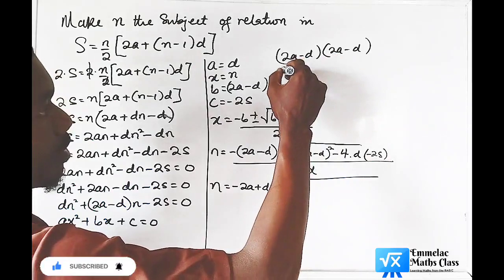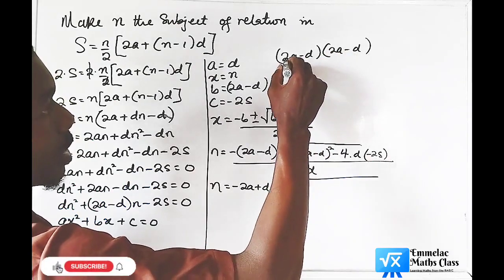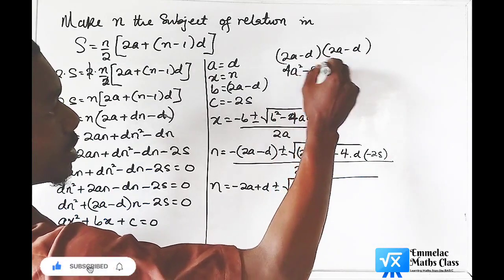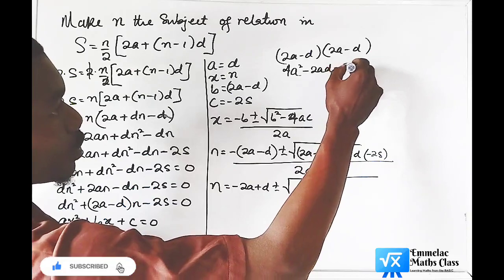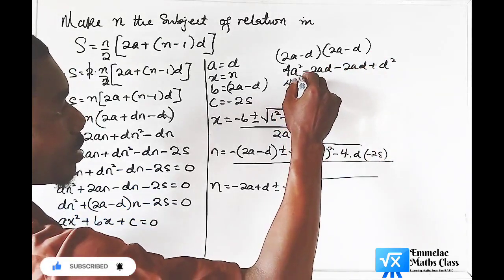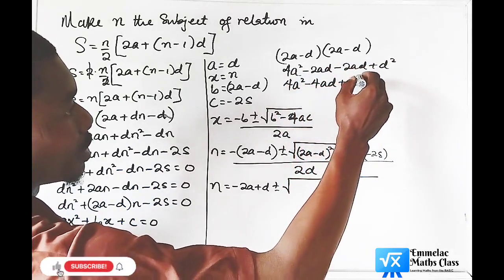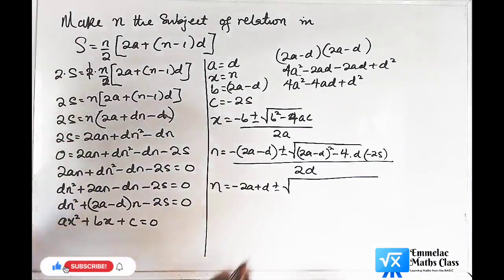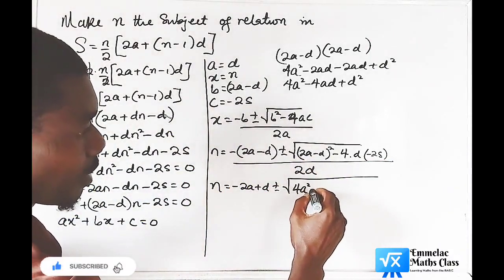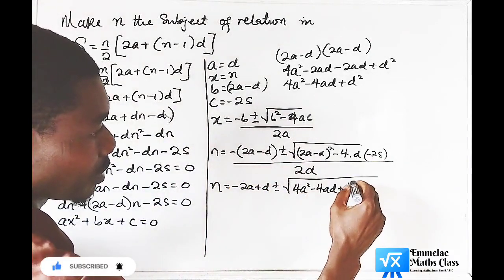Now this will be 4a squared, then 2a times d gives minus 2ad, and here you have minus 2ad plus d squared. So here you have 4a squared minus 4ad plus d squared. Okay, so if you plug it in here, you have 4a squared minus 4ad plus d squared.